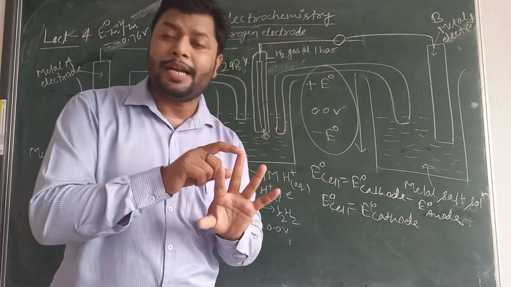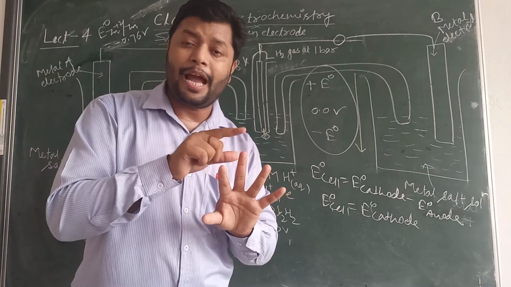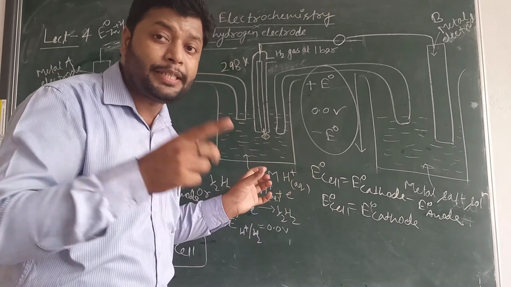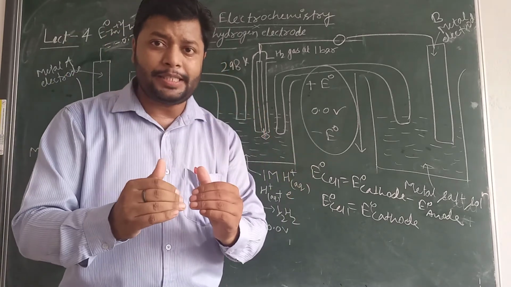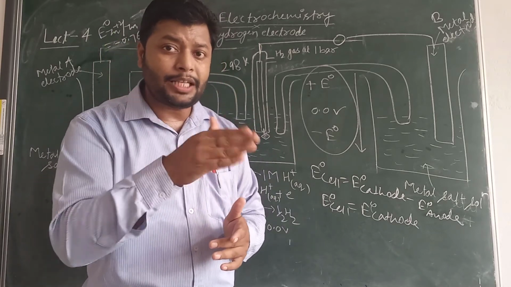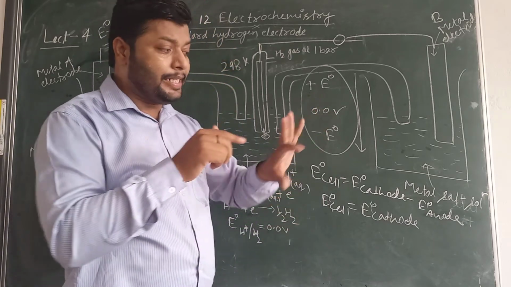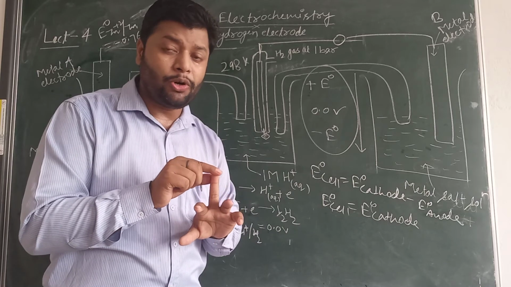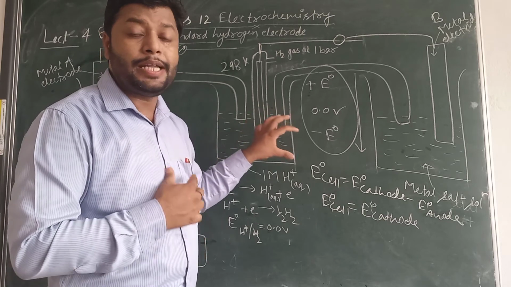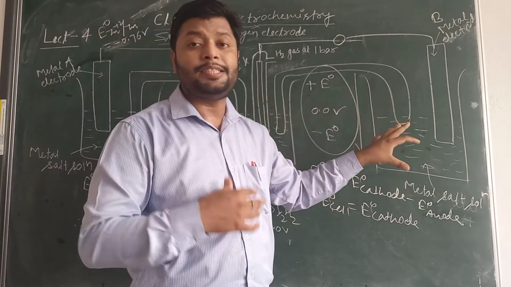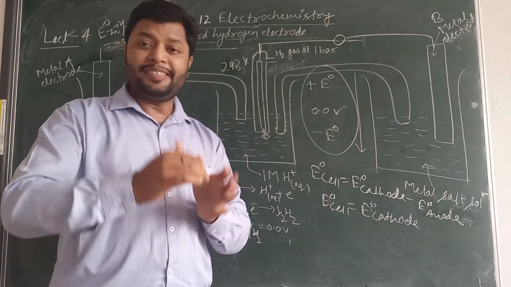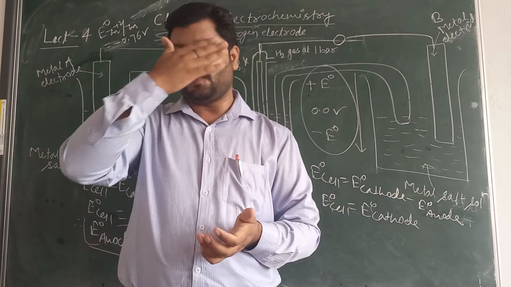So metal C has more tendency of reduction compared to hydrogen. So hydrogen must have a tendency of oxidation, because in a process if one is going for oxidation the other must be reduction. If one is going for reduction the other must be oxidation. So if metal C acts like a cathode, hydrogen must act like an anode. So hydrogen has more tendency of oxidation, metal C has more tendency of reduction. And this can be applied for the remaining metals also.